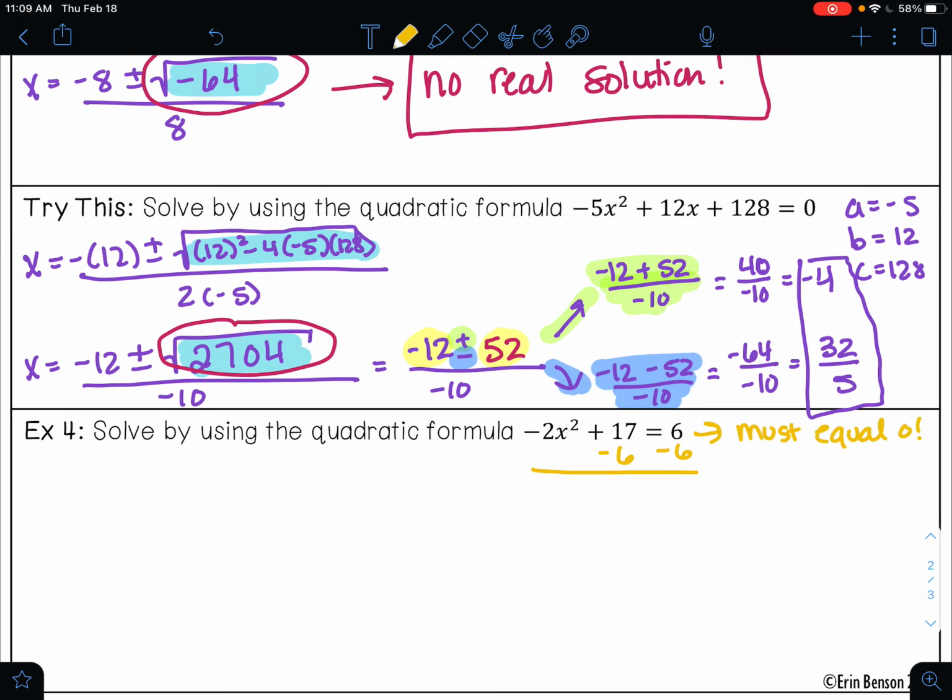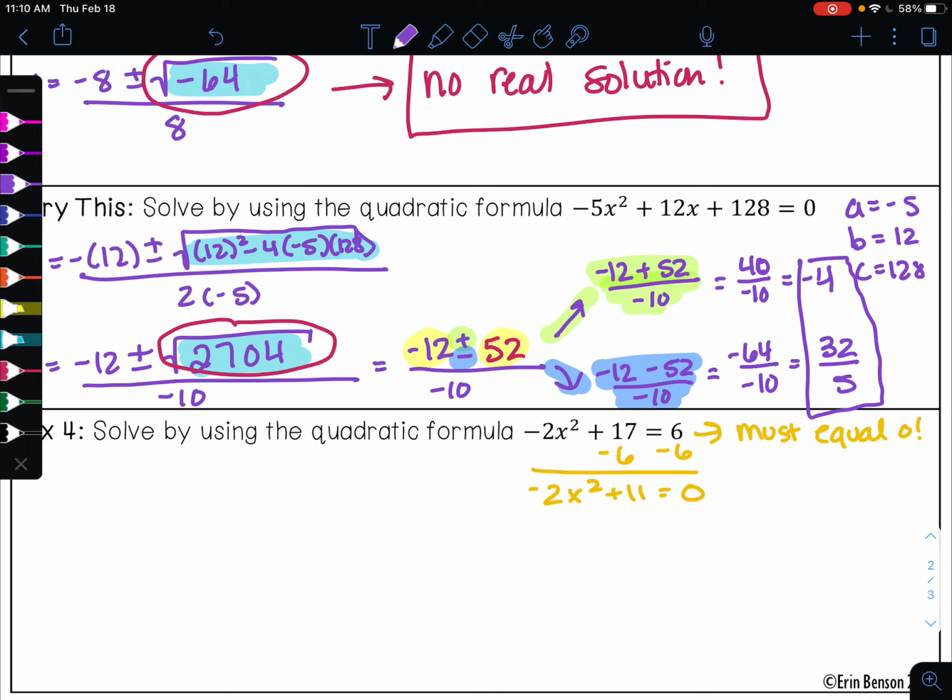And when I do that, I get -2x squared plus 11 is equal to 0. Now I'm ready to identify A, B, and C. In this problem, A is -2. B is 0 because I do not have an x term. And C is 11.